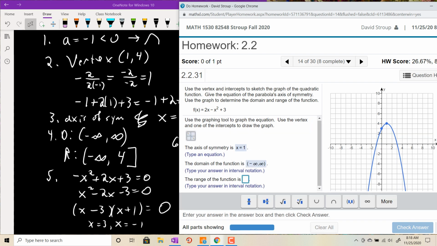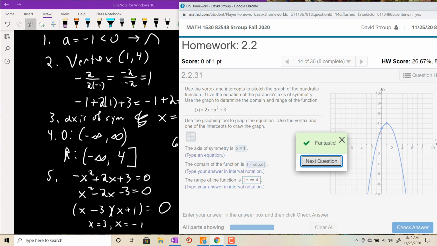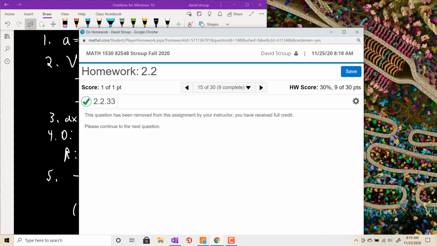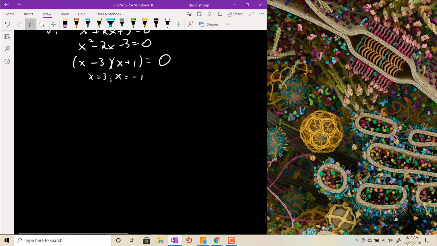And the range, negative infinity to 4. Okay, so one like that. Parabolas kind of never go away. All right, so that's 2.2.